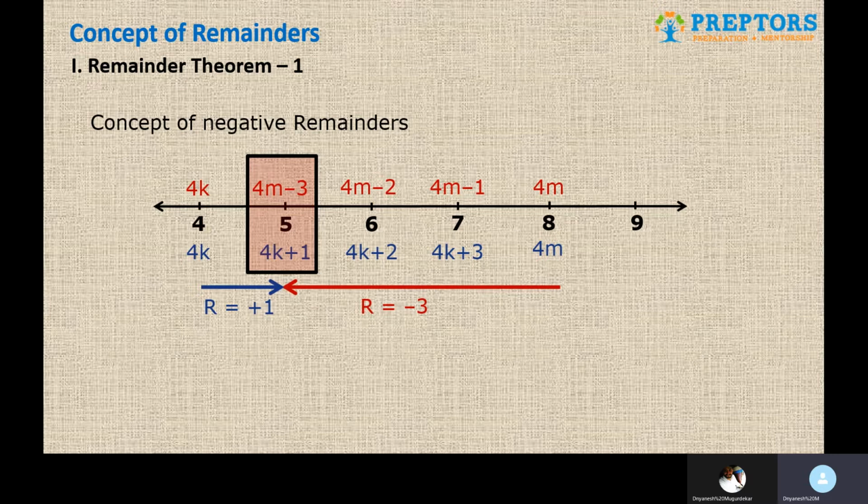So both positive and negative remainders are part of each other. They are related to each other. It is nothing new, nothing fancy as such. You don't have to be scared at all going forward. All you are going to do is, if you get a negative remainder, try and figure out the equivalent positive remainder. So that's the idea of negative remainders.